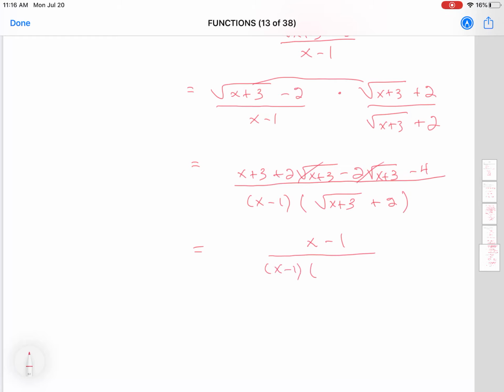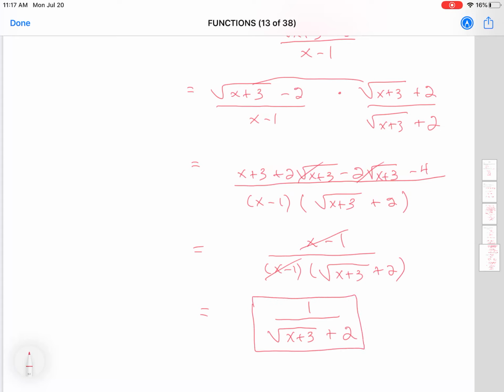It's minus 1. Haha, now you know why we did not expand the denominator, because it would have taken away any chance that I would have had to do any more cancellations, and now I can get rid of that. And the final answer to this problem is 1 over the root of x plus 3 plus 2.